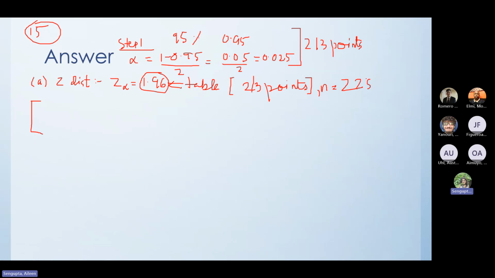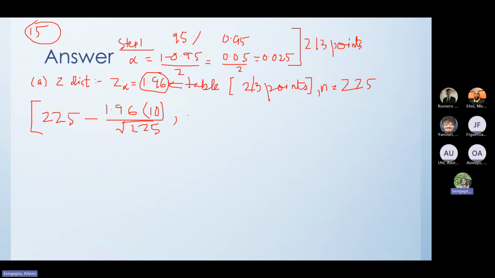So you can directly start writing your values out here. So this is 225 minus your Z value, 1.96, times the variance 10 upon, like, this is just a generalized formula for it. I'm not memorizing anything. This is just how the formula works.